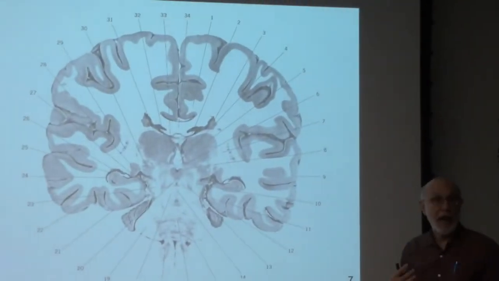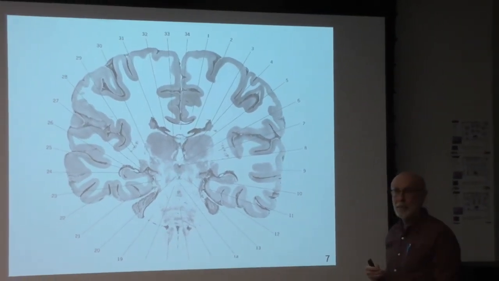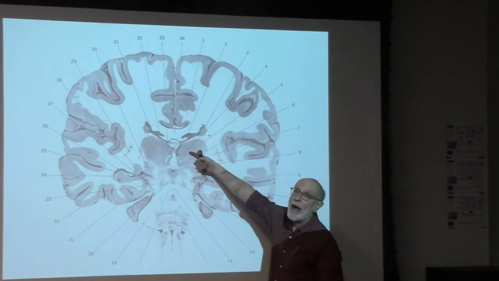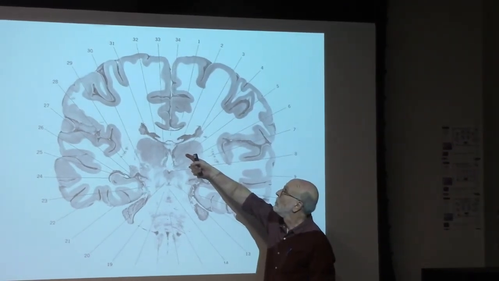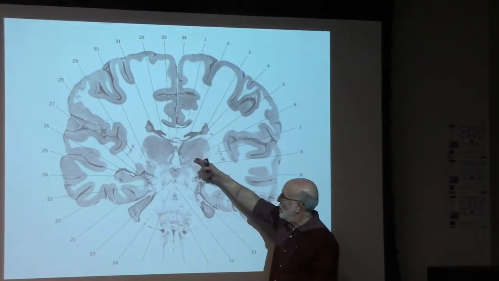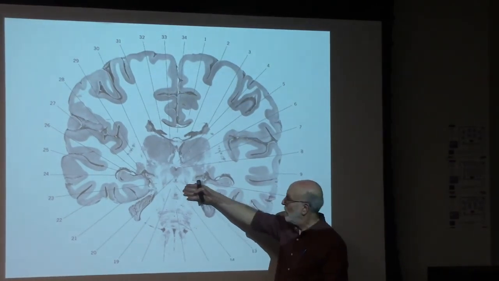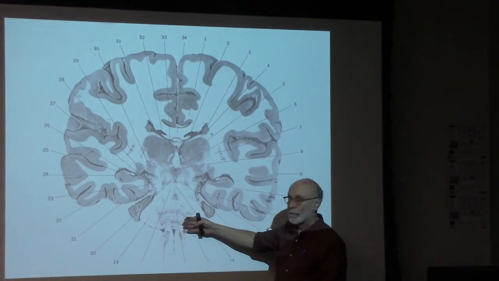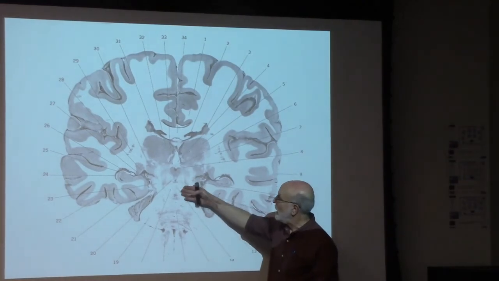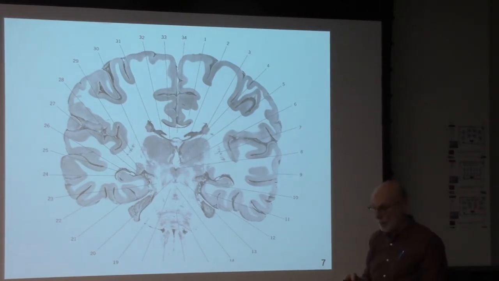Okay, so now we are at the level of the thalamus. We have moved back, we see the thalamus. This faint area here, now we're seeing midbrain. Midbrain and pons, and medulla is sort of pale, faded out here in this scan. So midbrain, pons, medulla are now seen because we have moved far enough back.